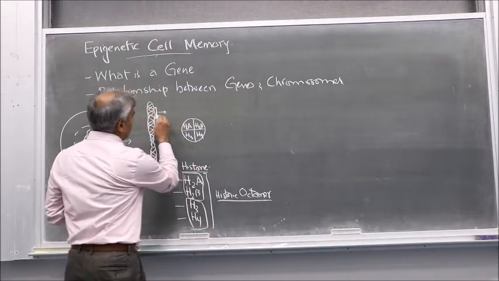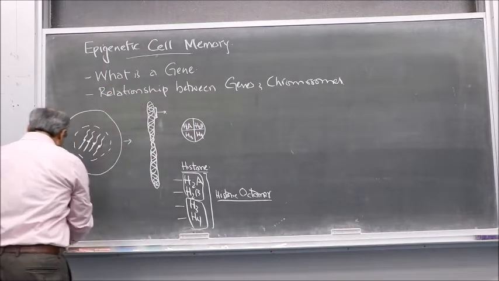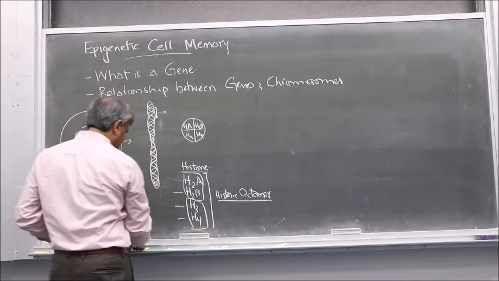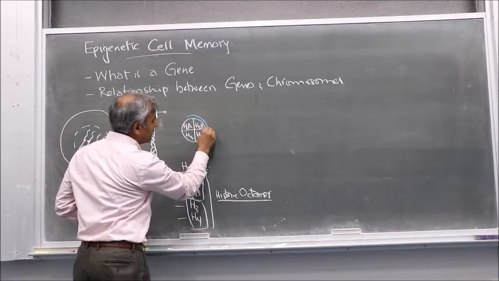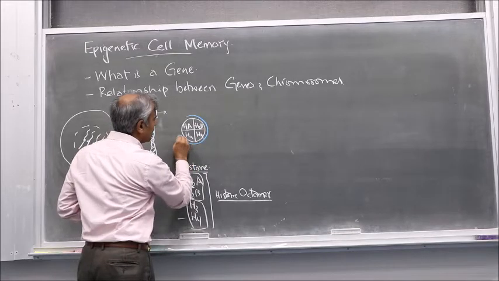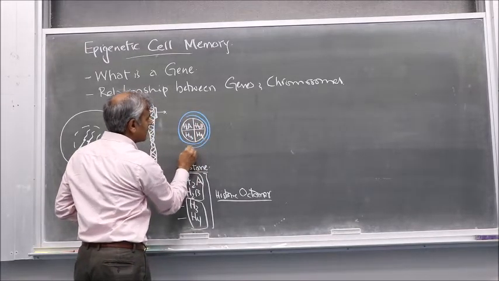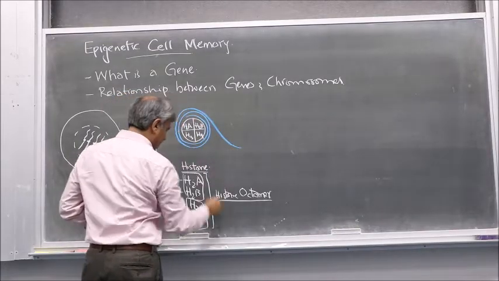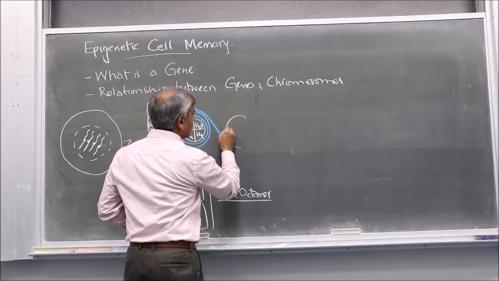Now this histone octamer contains DNA wrapped around it in 2 circles like this, and then you have the next histone octamer.